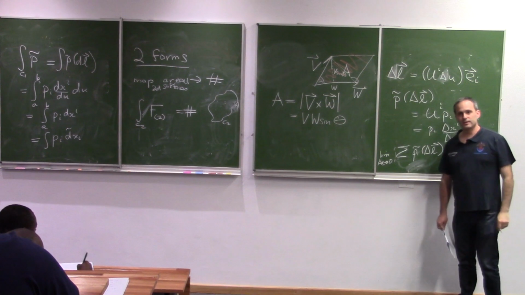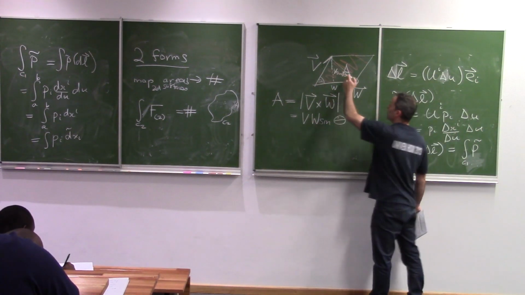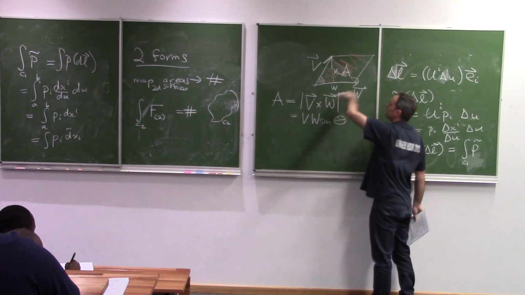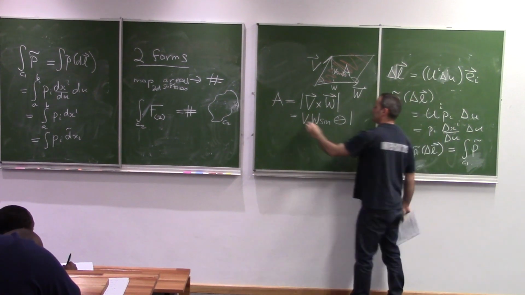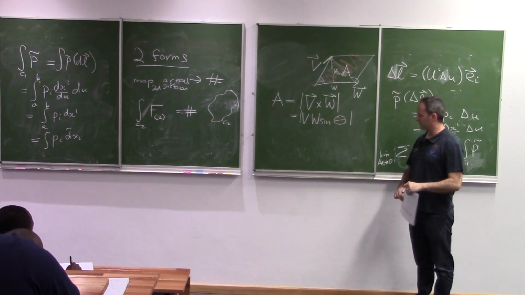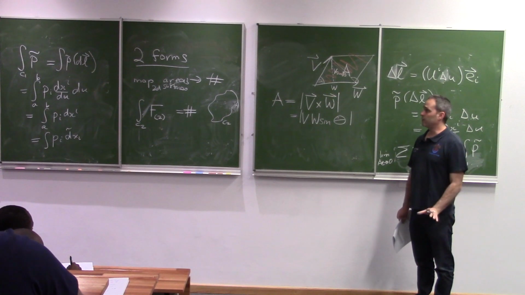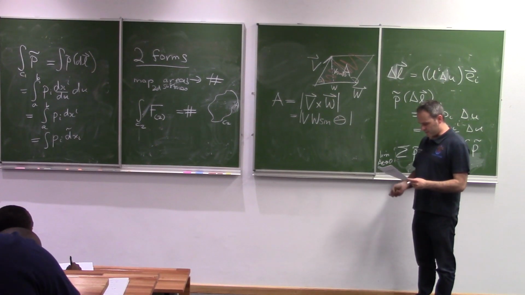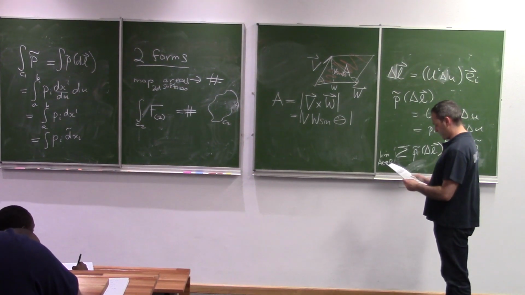The area of a triangle is half base times the height. So the area of this triangle will be a half VW sine theta, and the area of the whole parallelogram will be VW sine theta. And I should put an absolute value sign in case theta is more than 90 degrees. Okay, any questions about that? Everybody happy with that? Right, so that's the area which I get from the cross product.